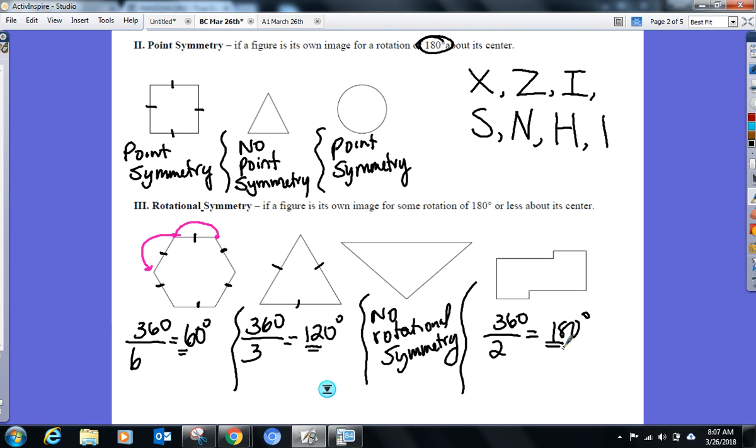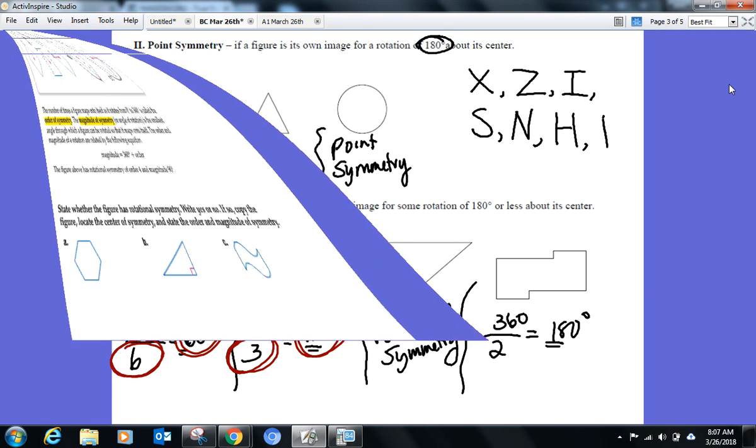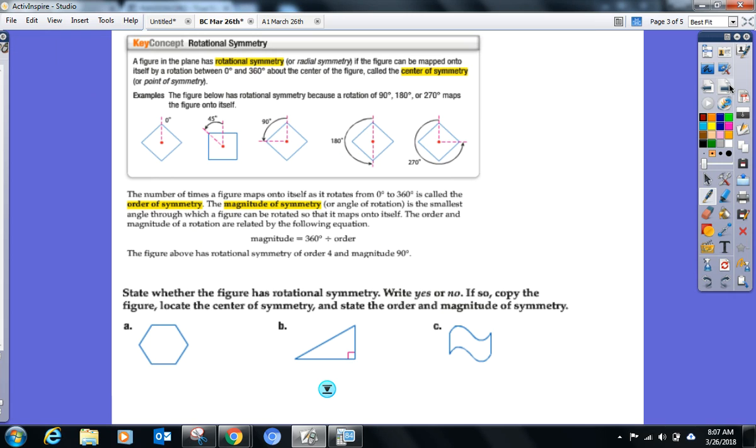All right, I want to start giving a name now, if it has rotational symmetry, to this 60 degrees and the number of times I can rotate it, to this 120 degrees and the number of times I can rotate it from 0 to 360. We're going to give a name to each of those, and here they are. The number of times I can rotate it, that's the order now.